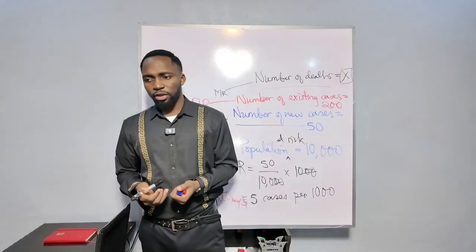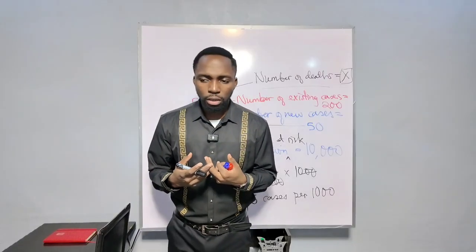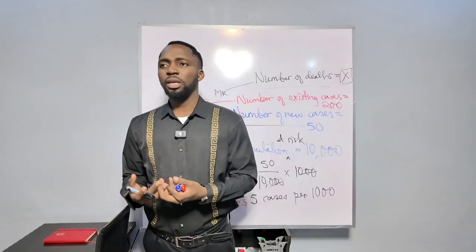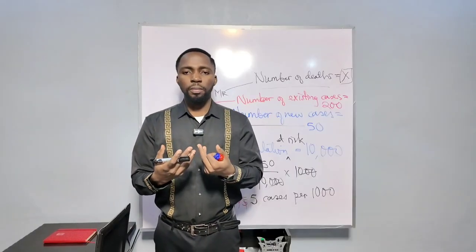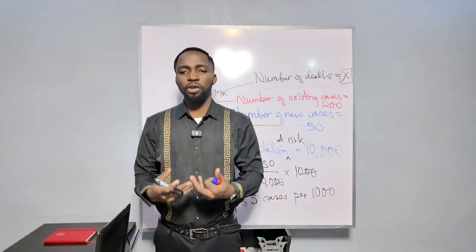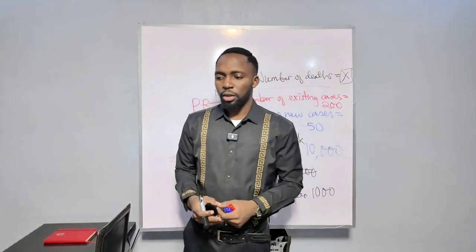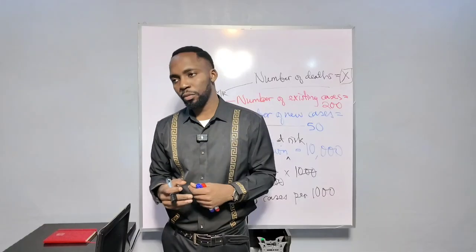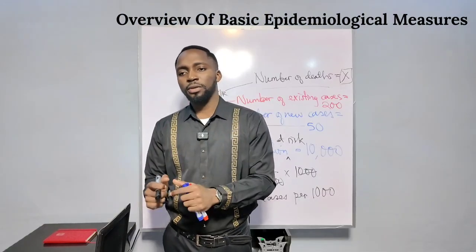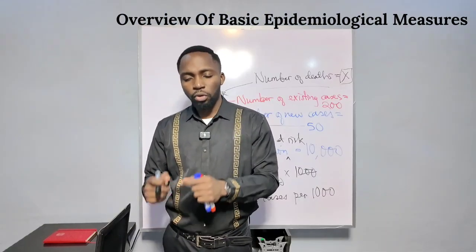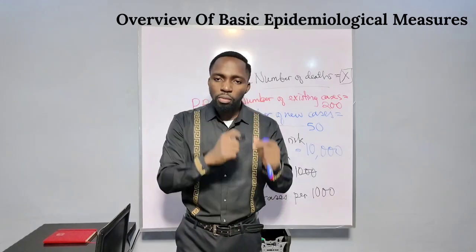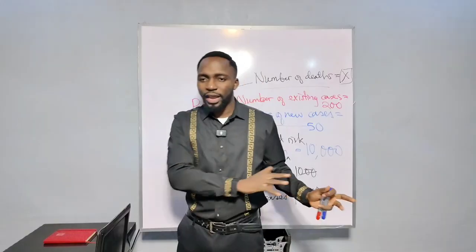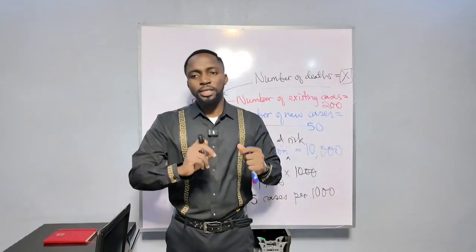So for instance, we have 100 people who are diagnosed with Ebola. Out of these 100 people, 10 die. The case fatality rate of Ebola becomes the number of deaths from Ebola, which is 10, divided by the number of diagnosed cases, which is 100, times 100.